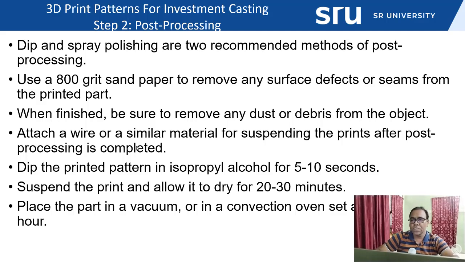When finishing is done, be sure to remove any debris or dust from the surface of the final product. You have to ensure this, and attach a wire or similar material for suspending the part once post-processing is completed. You have to ensure these things as well.